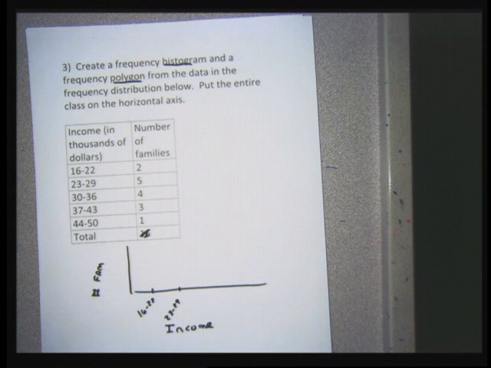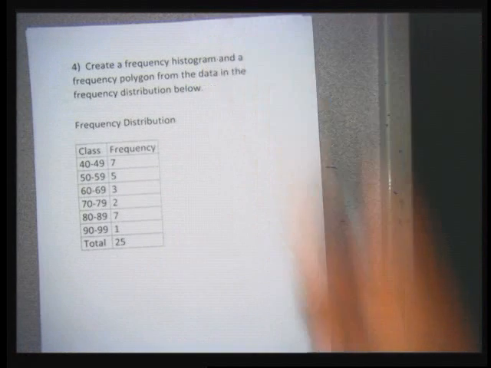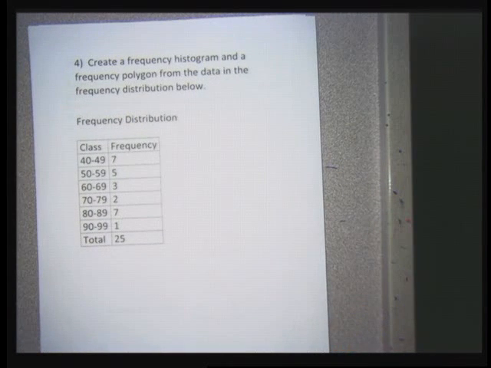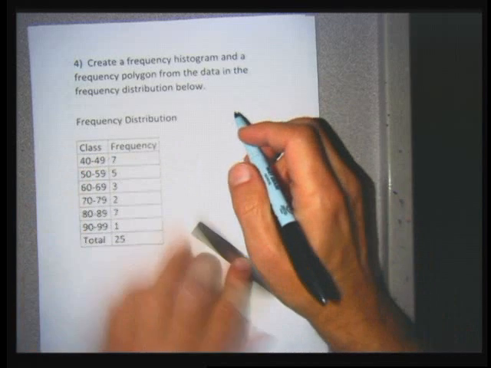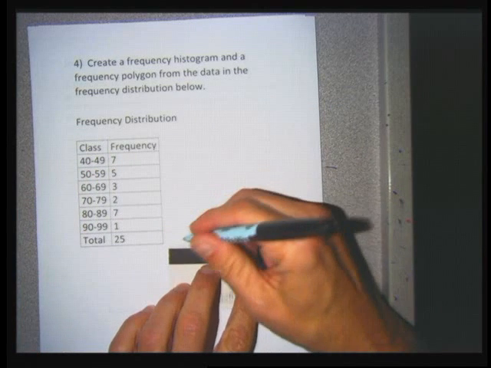That shouldn't be too hard. You can do a polygon and a histogram from this data, and I'll do my kind of sister problem and make my polygon and my histogram. I think I can shove it right on here, so I'm going to make that effort anyway.